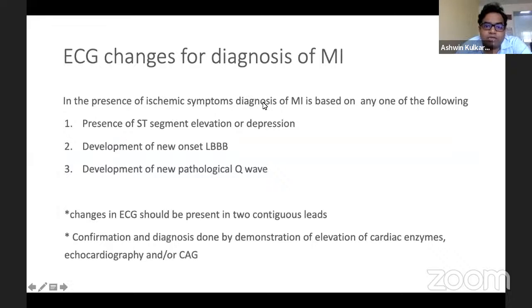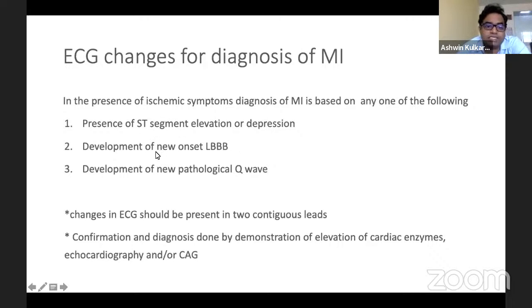So when can we make a diagnosis of myocardial infarction? As I mentioned, the presence of ST segment elevation or depression which fulfills the criteria of more than 2 mm in V1 to V3 and more than 1 mm in other leads, or there is a development of new LBBB.